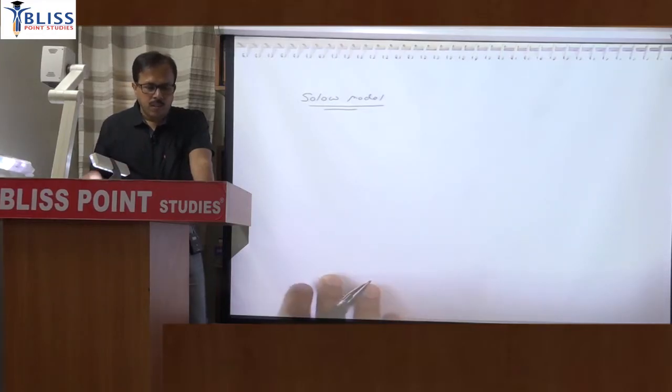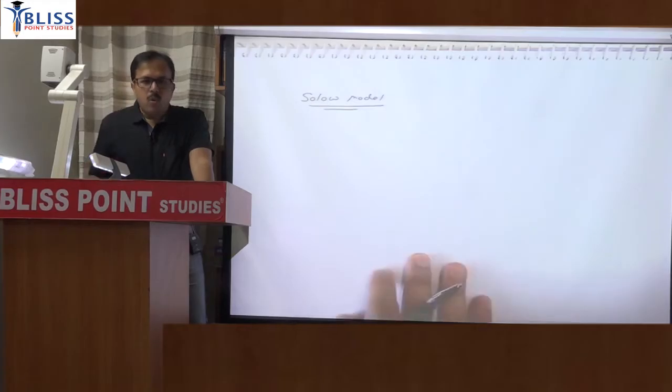Next sentence. It is based on law of diminishing return. Underline that. It is based on law of diminishing return to individual factor of production.